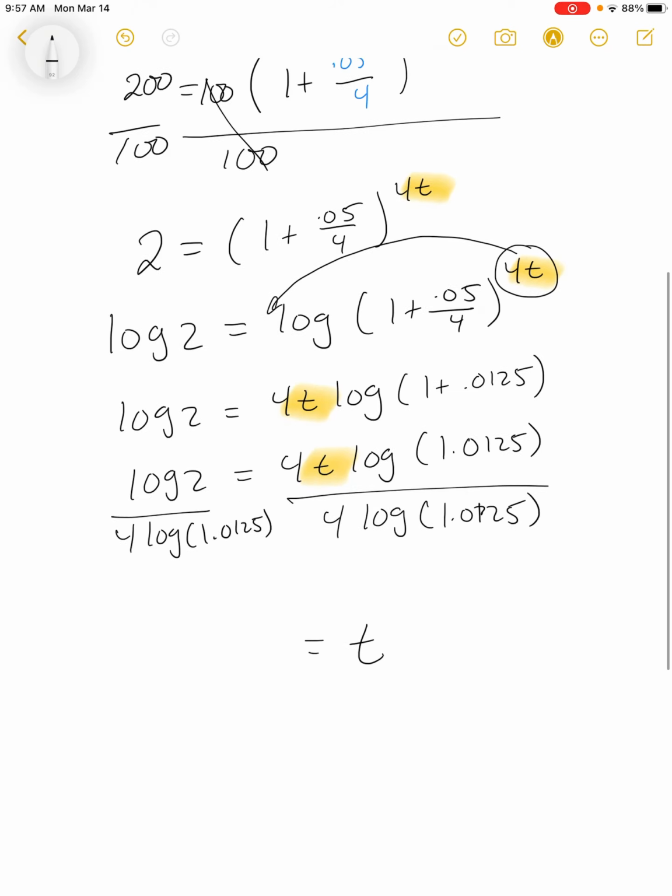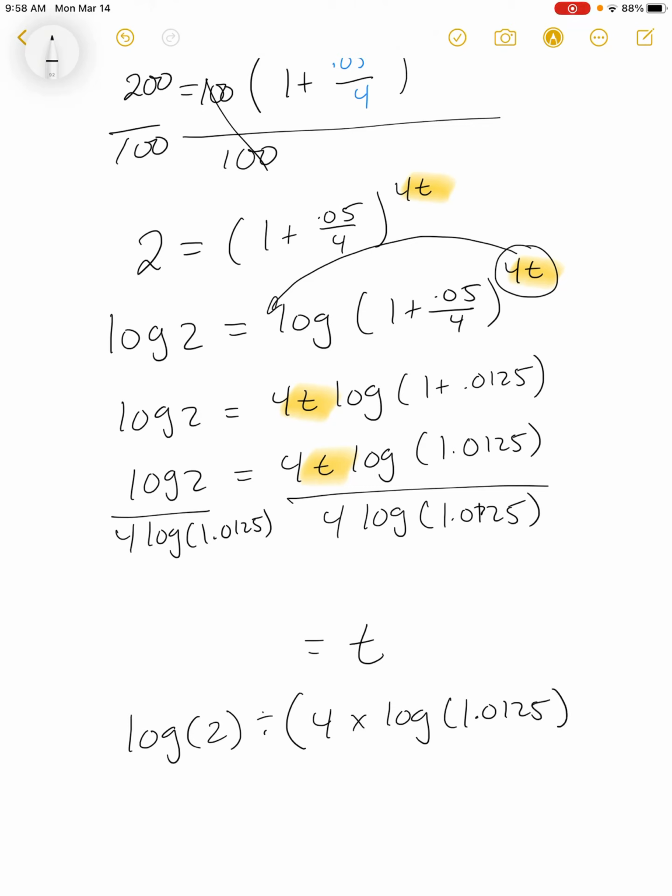So the way I typed it into my calculator was log, open parentheses, 2, closed it, divided by, and then an open parentheses and 4 times log of 1.0125. And so that's going to do this product before it does the division, which is important. Otherwise, it would do the division first because it works left to right.